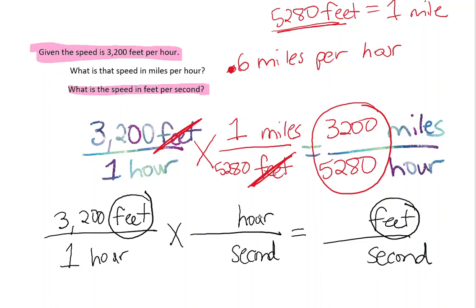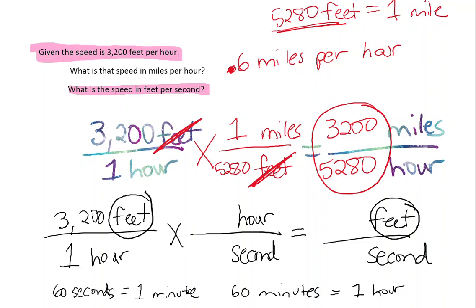Now we need to think of what is the equivalency between seconds and hours. Do you know how many seconds there are in an hour? You may not. You may only know that there are 60 seconds in 1 minute. And then we know there are 60 minutes in 1 hour.